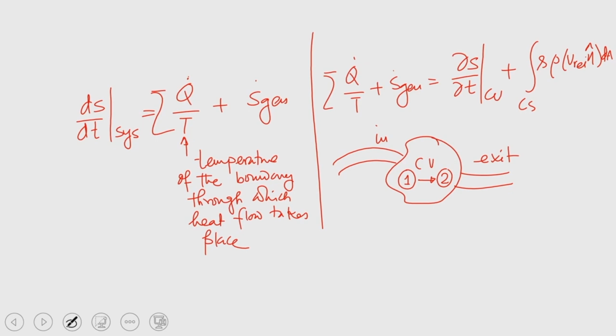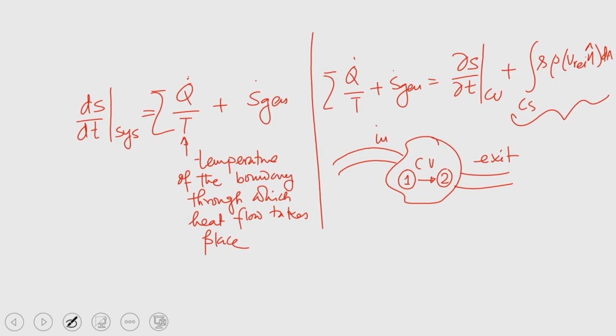The control volume is changing its state from state 1 to 2. Now, the change of entropy within the control volume is dS/dt of the control volume. Entropy transfer due to flow in and flow out, this quantity represents the change in entropy within the control volume due to the flow.